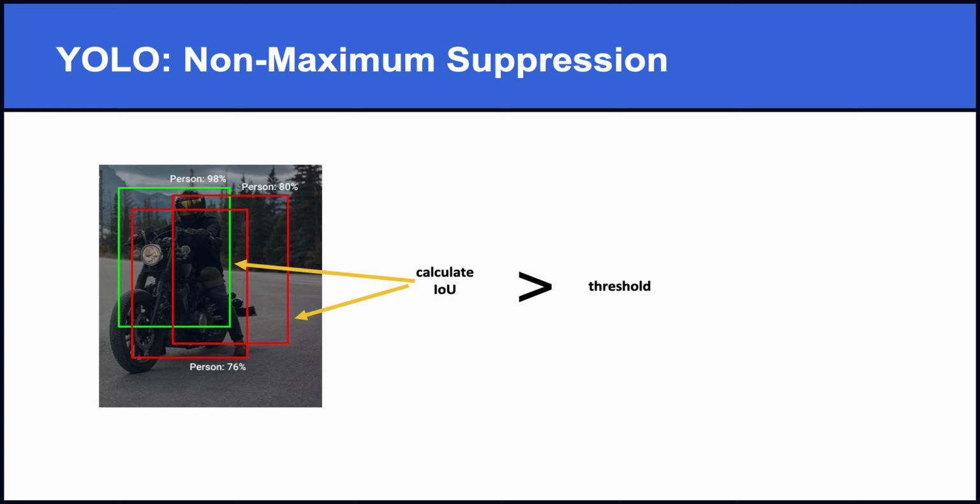And then we continue to do this with all the overlapping B boxes, so it will be between the one with 98% confidence score and the one with 76, and if it is once again bigger than that threshold, we are going to remove the second one.